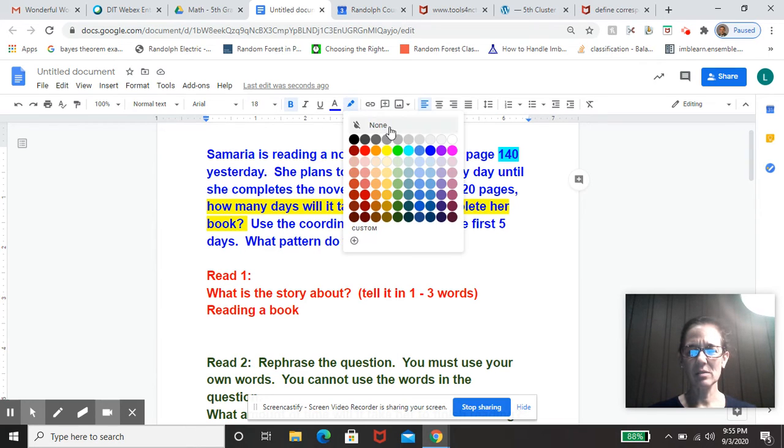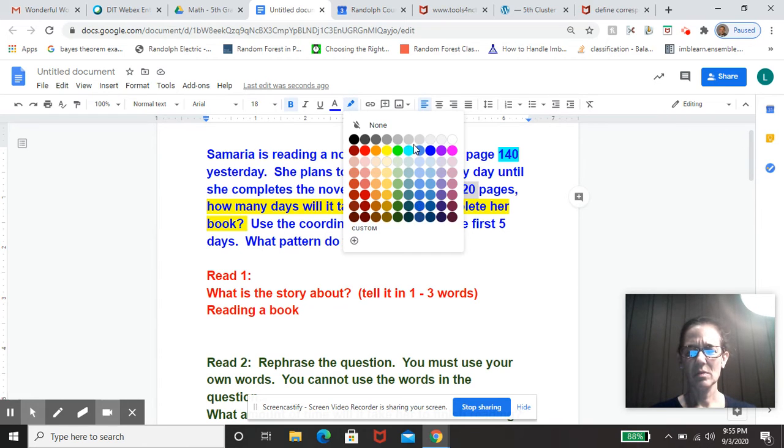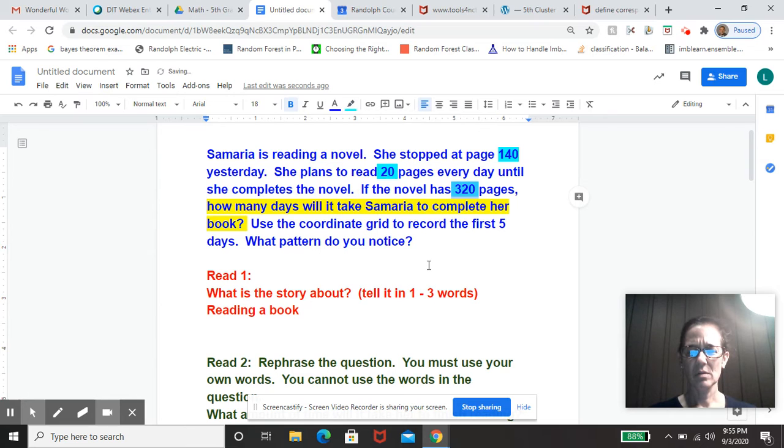That's important. I see 320. Okay. Now, how do these numbers connect? I have to think about how they connect.